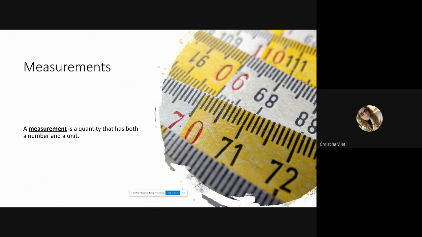Anytime you see something that's bold and underlined, this is a definition you need to know. You need to write it down in its entirety. A measurement is some kind of number you're given that is not only a number, it also includes a unit. You will be doing a lot of measuring in this class.